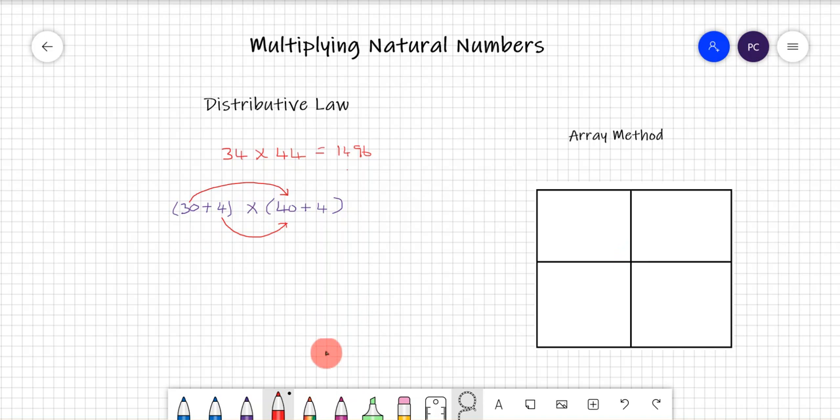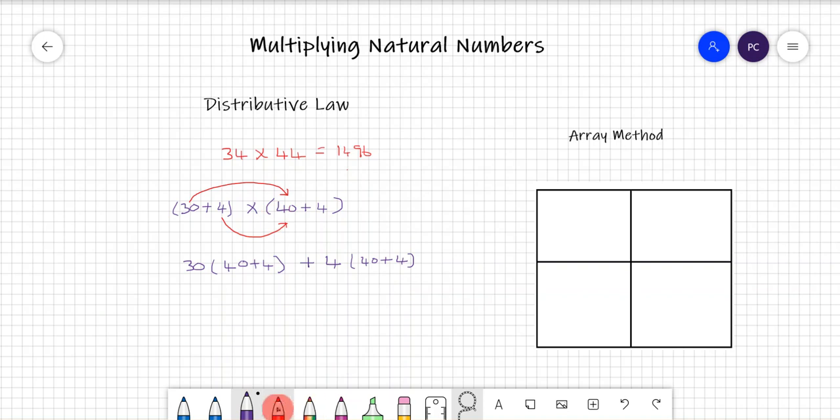So it's going to look something like this: 30 multiplied by 40 plus 4, plus 4 multiplied by 40 plus 4.